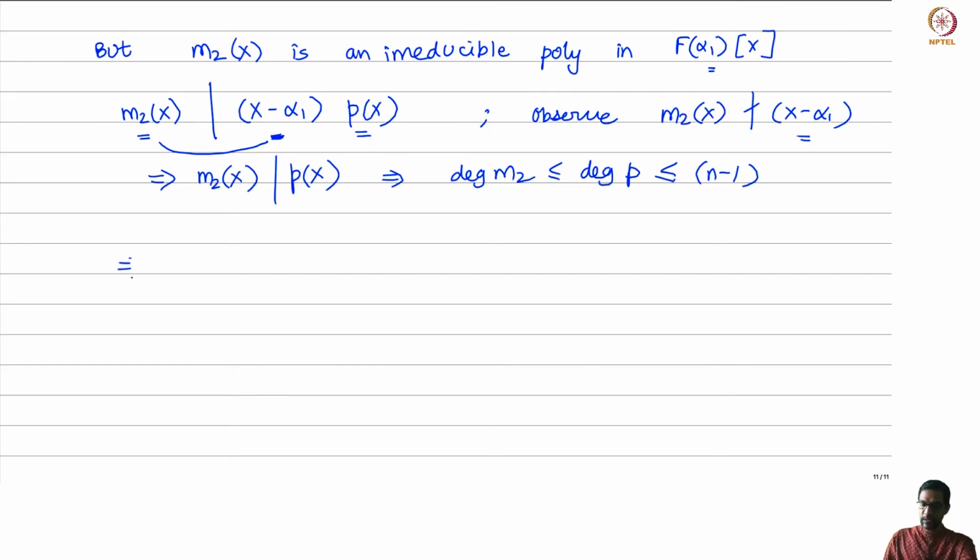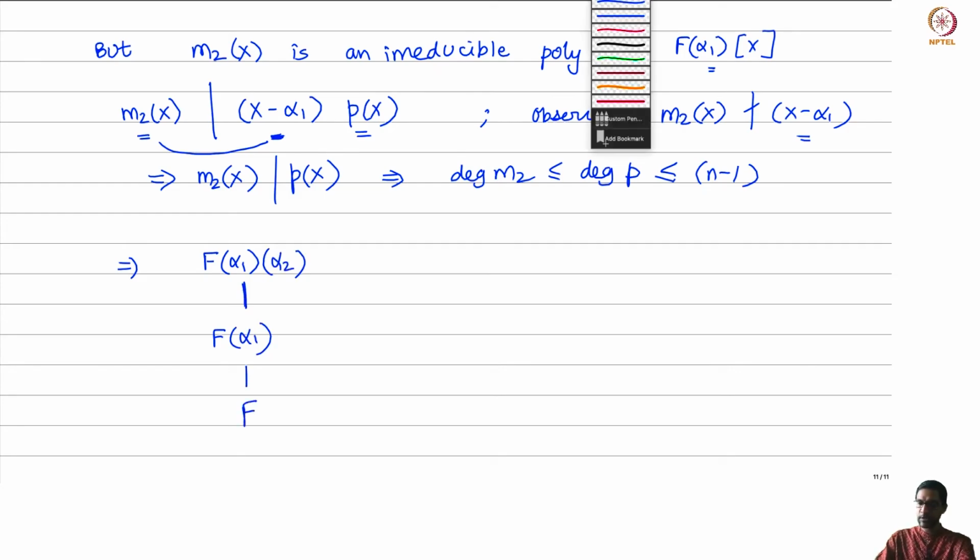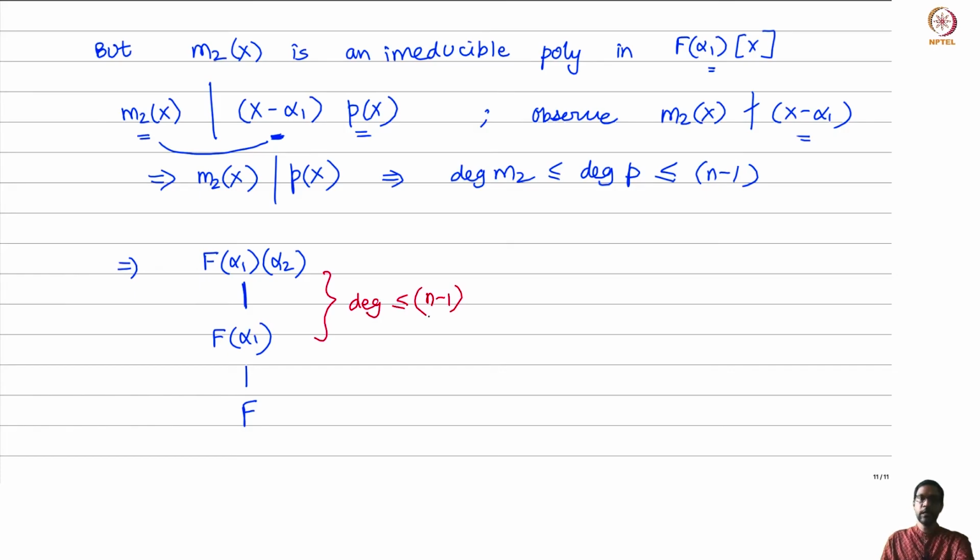So what does this mean? This tells you that when you look at the extension, I had F(alpha 1) and now I adjoin another element alpha 2 to it to form a further extension. This new extension that I have formed has degree at most n minus 1, because it's at most the degree of p.